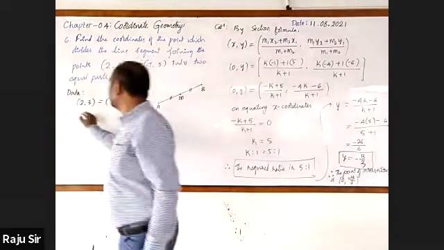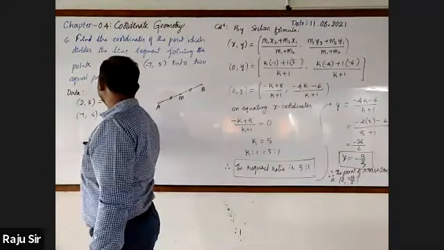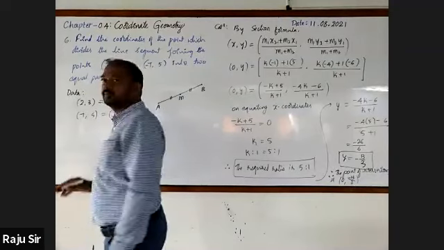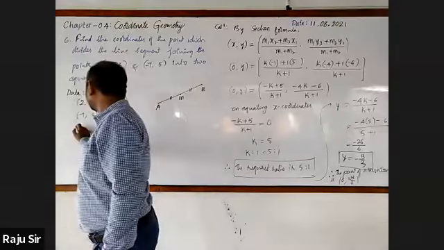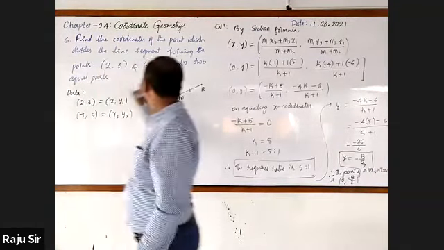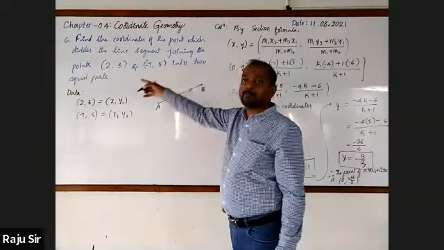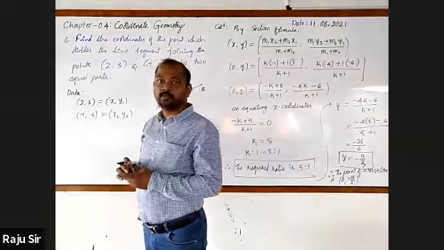Next, minus 7 comma 5 is x2, y2. Into two equal parts means the line is divided into two equal parts, which means the point will be the midpoint. Followed?